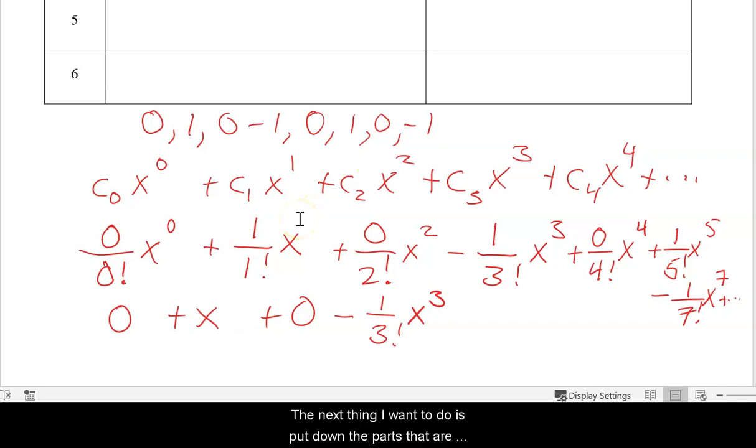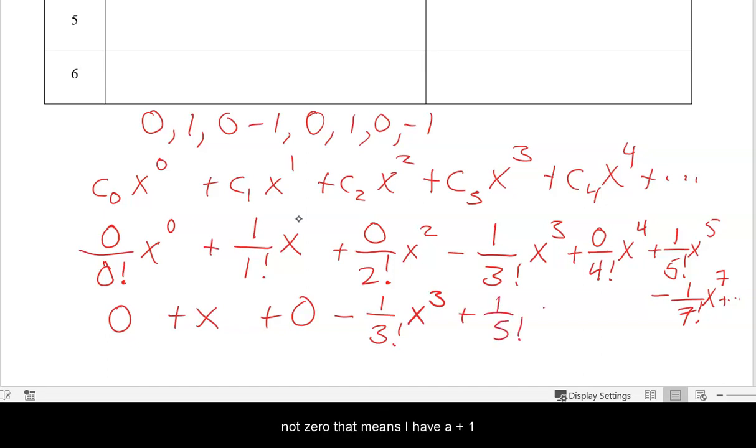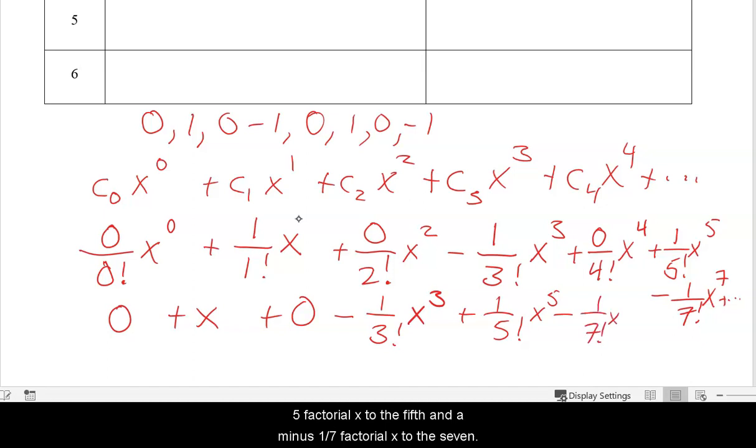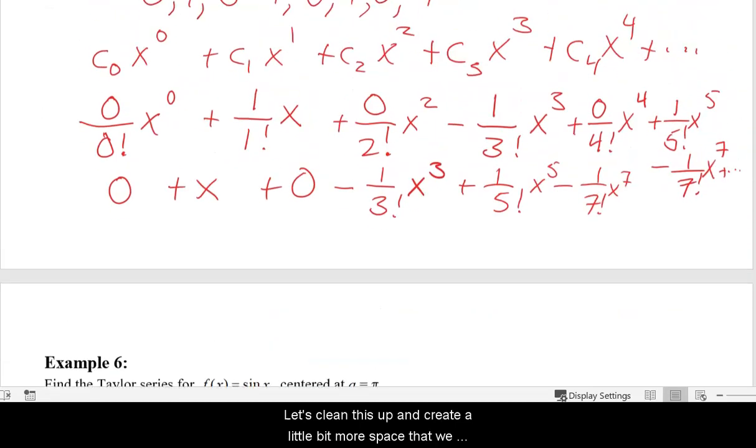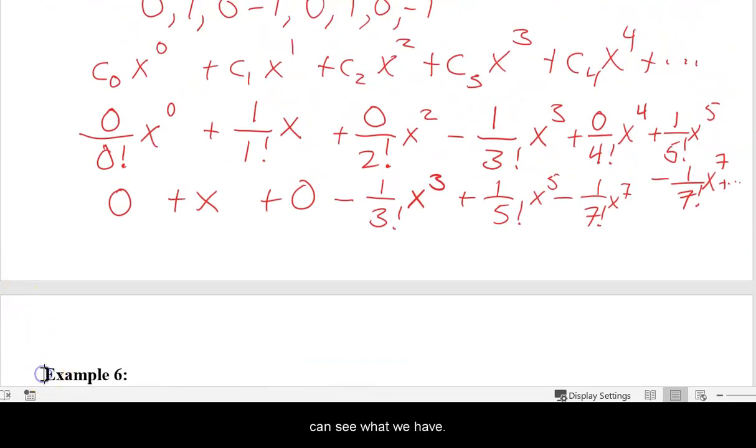The next thing I want to do is put down the parts that are not 0. That means I have a plus 1 over 5 factorial x to the 5th and a -1 over 7 factorial x to the 7th. Let's clean this up and create a little bit more space so we can see what we have.